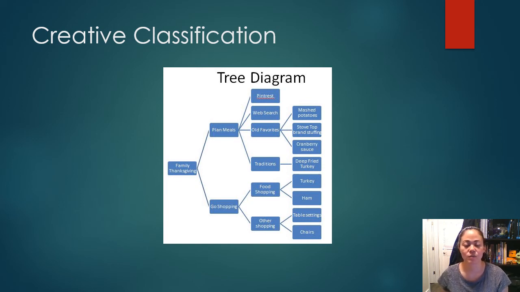Then you can further break down planning meals into doing a Pinterest search, a general web search, or looking up old recipes that you already have. You can break up the shopping category into food shopping versus shopping for other things like table settings or chairs. So this is classifying activities, basically. You're planning out how you would get ready for something. You can use a tree diagram.